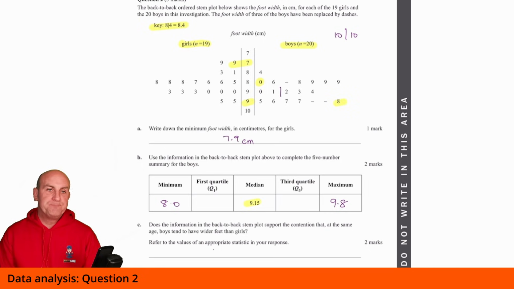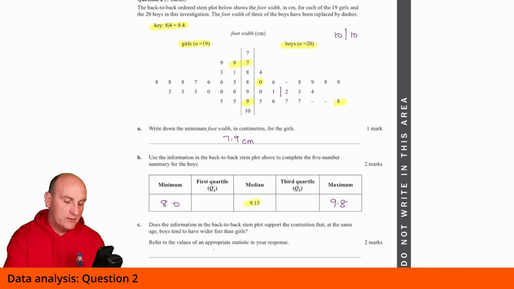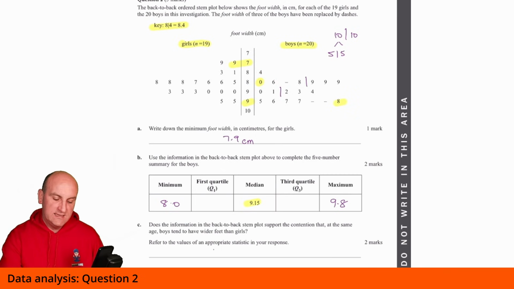Now what I want to do, I want my quartiles. How do I do that? Well, again, I've got 10 data items, which means I'd have 5 data items, a split, and then 5 data items. And so I'm now going to count 5 data items in. 1, 2, 3, 4, 5, which is going to put me a split there. So that's somewhere between 8.8 and 8.9. So 8.85. And then what have we got here?